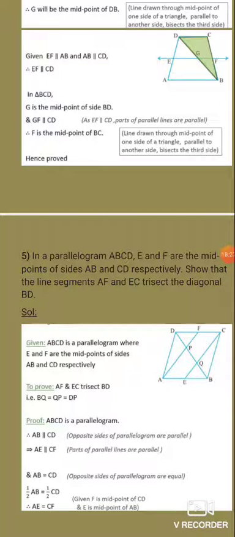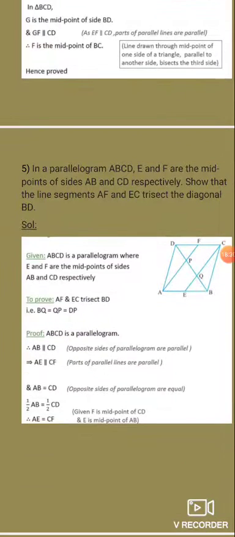BC. Now fifth question. In a parallelogram ABCD, E and F are the midpoints of the sides AB and CD respectively. Show that the line segments AF and EC trisect the diagonal BD.